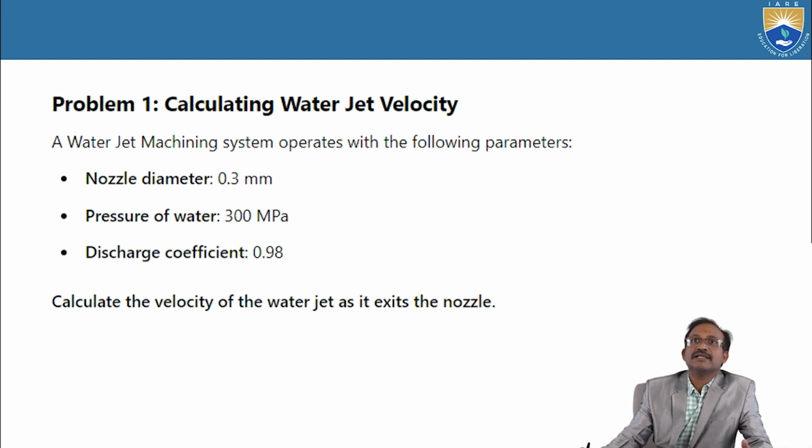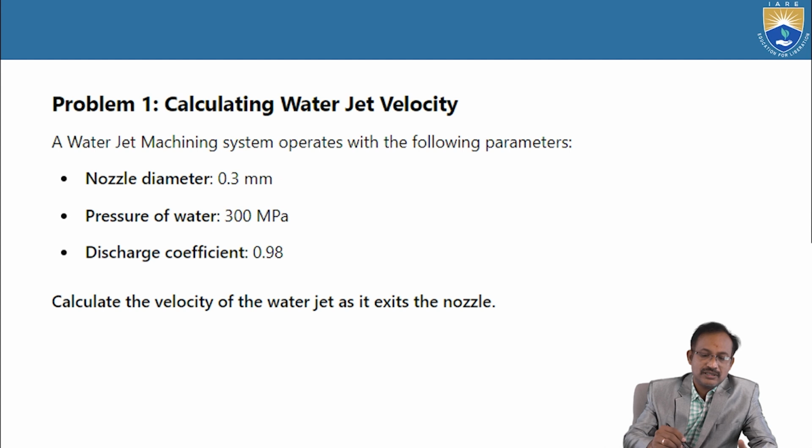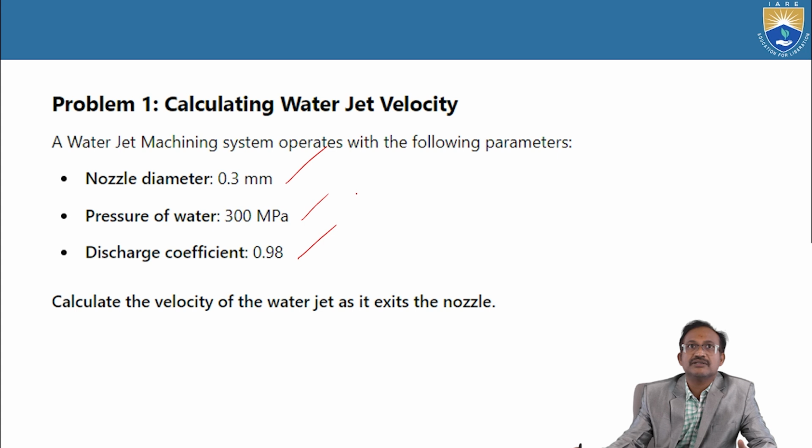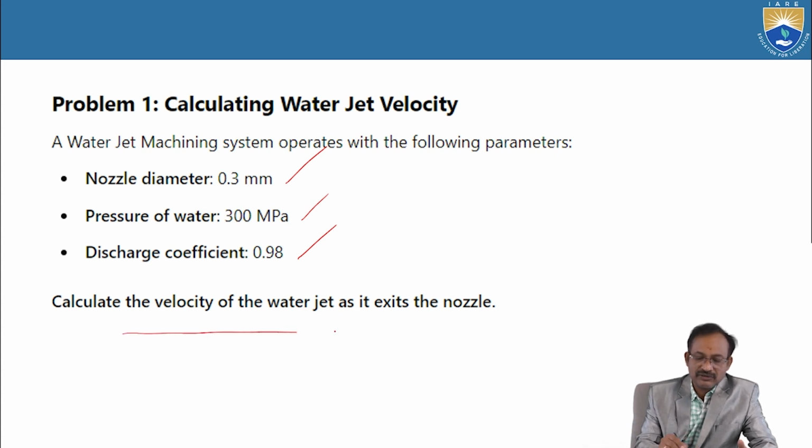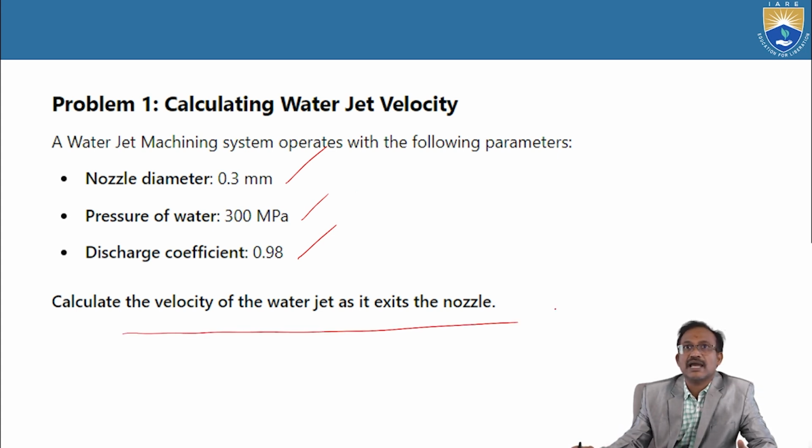Calculate water jet velocity. A water jet machining system operates with the following parameters: nozzle diameter, pressure of water, discharge coefficient. Calculate the velocity of the water jet as it exits the nozzle.